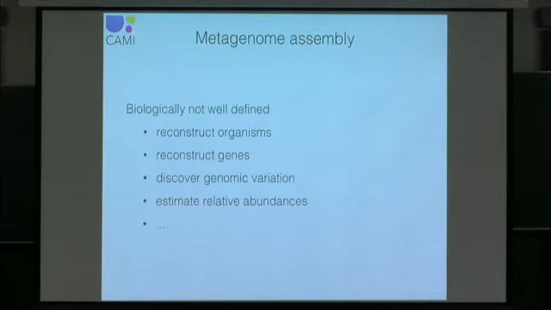But maybe you're only interested in reconstructing genes, but you want to do this as precisely as possible, right? So don't make any mistakes when you reconstruct the genes, but you don't care about long contigs, let's say, because you want to maybe look at the community structure for a particular gene or a bunch of genes, and maybe look at genomic variation for these genes. So that's a very different question, right?